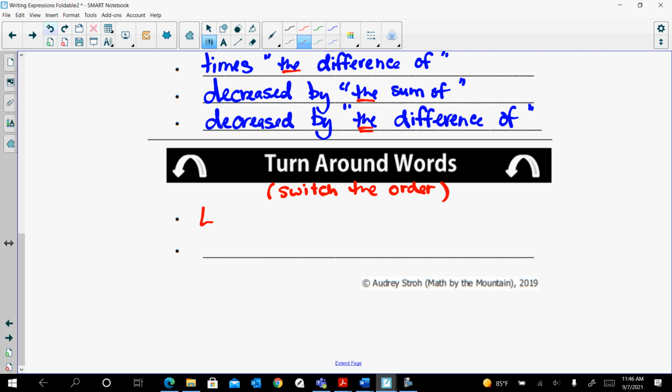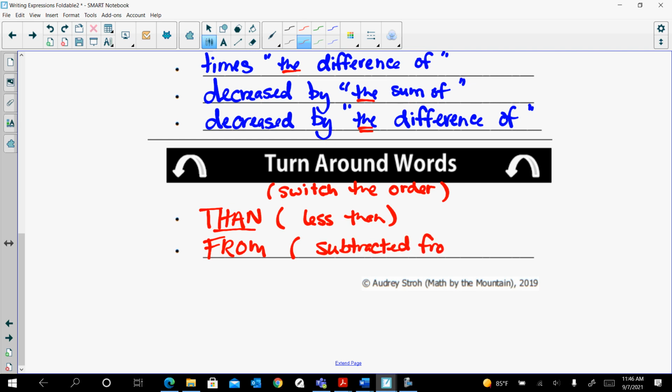Your turnaround word is really anything that has than in it. For example, less than. So that when I read that than, that means I need to turn it around. If I read from, I guess say subtracted from, the minute I see that word from, I'm going to have to switch the order around.